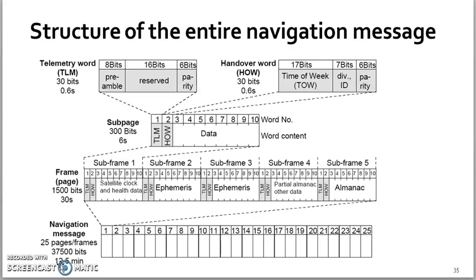Consider subframe 1. It contains the time values of the transmitting satellite, including the parameters for correcting signal transit delay and the on-board clock time. It also consists of information on satellite health and an estimate of the position accuracy of the satellite.